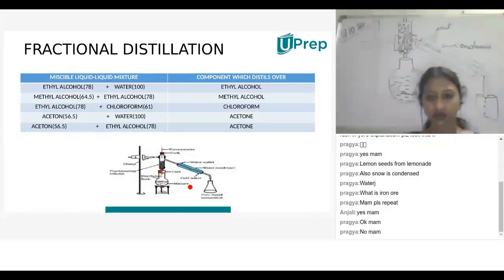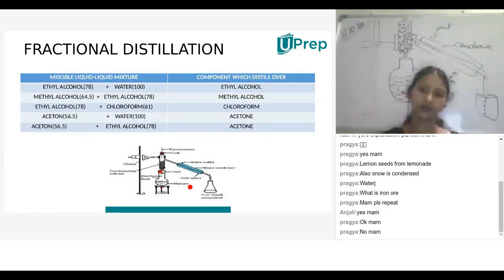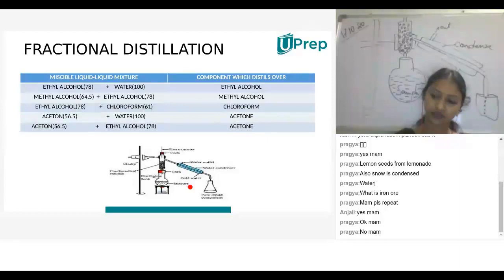Ma'am, can I say one thing? Yes, dear. Ma'am, I observed a difference between simple distillation and fractional distillation. In simple distillation, you just randomly put the two elements or compounds. But in fractional distillation, you actually measure the amount you put. It's not like that.